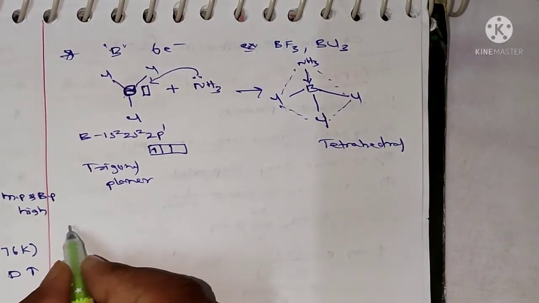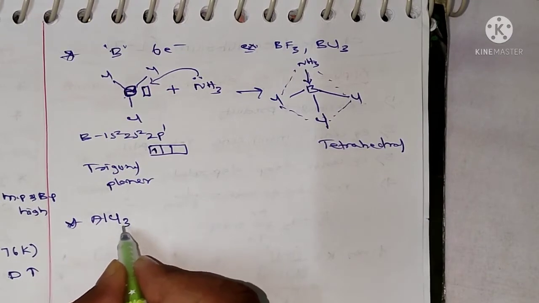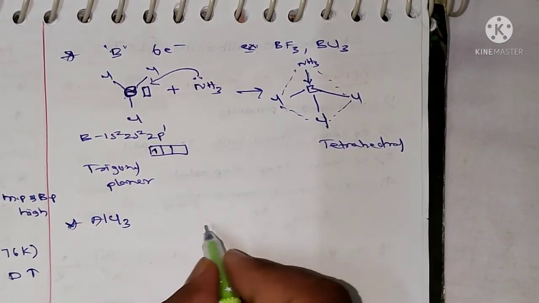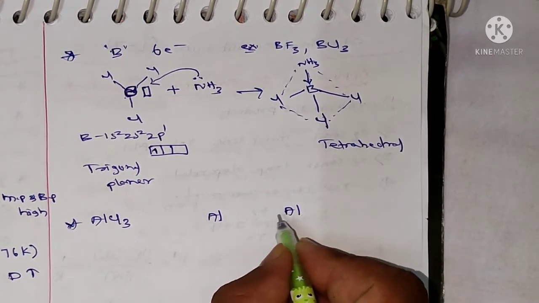And AlCl3 gets stability by formation of a dimer. The AlCl3 dimer is this one.